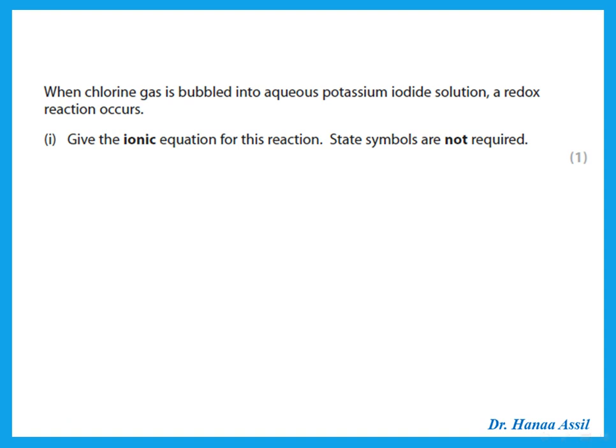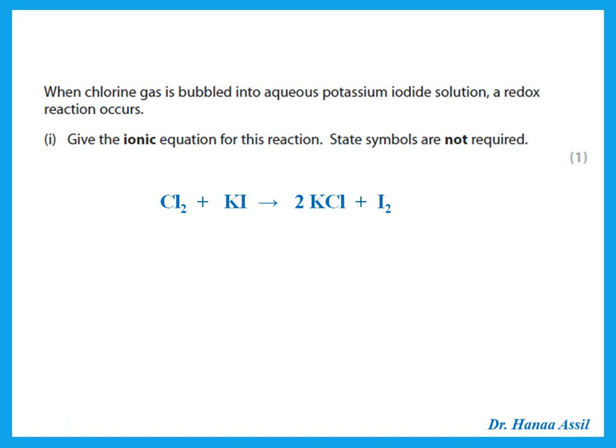When chlorine gas is bubbled into aqueous potassium iodide, a redox reaction occurs. Give the ionic equation. Here he's saying state symbols are not required. If they're not required, don't give them. So chlorine with potassium iodide. First of all, chlorine plus potassium iodide will give what? It will give potassium chloride plus iodine. Then we need to balance. We have 2 chlorines before the arrow, so I need 2 in front of the KCl after the arrow.